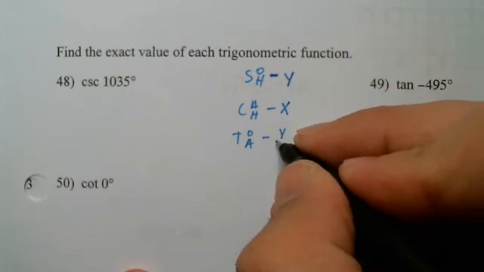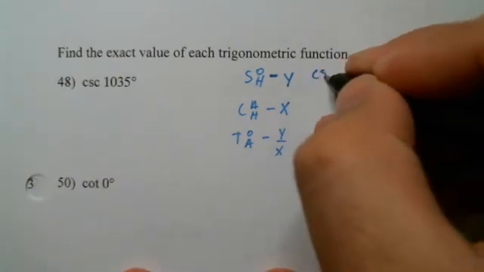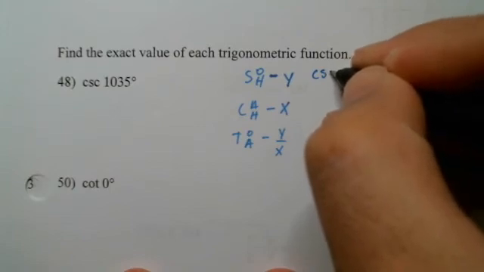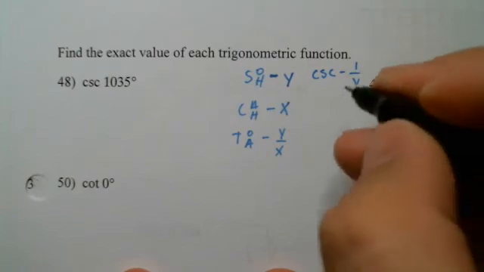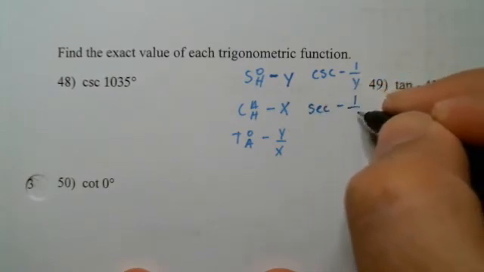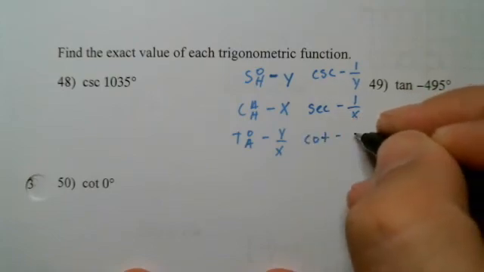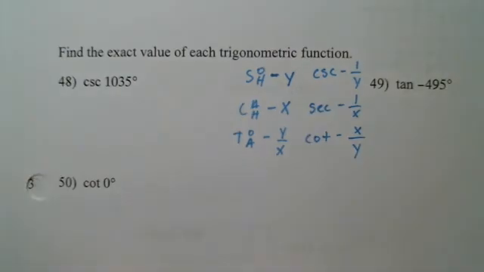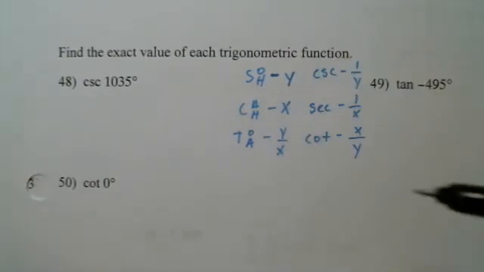Tangent is y over x. So then therefore, cosecant is 1 over y. Secant is 1 over x. And cotangent is x over y. Do we understand that?